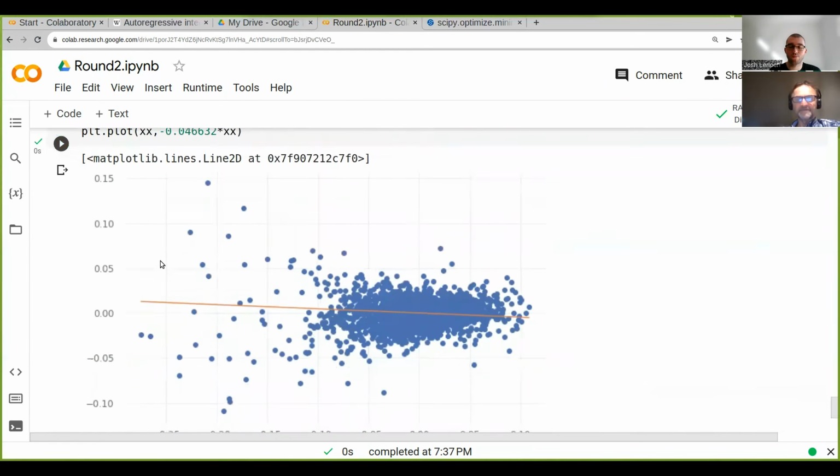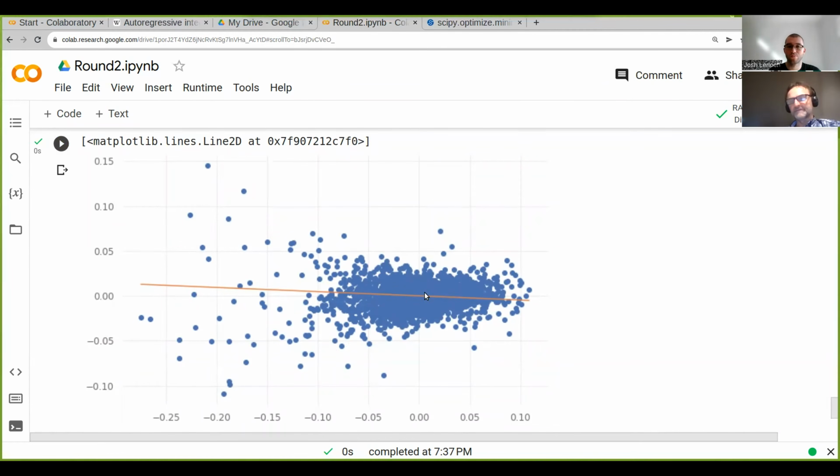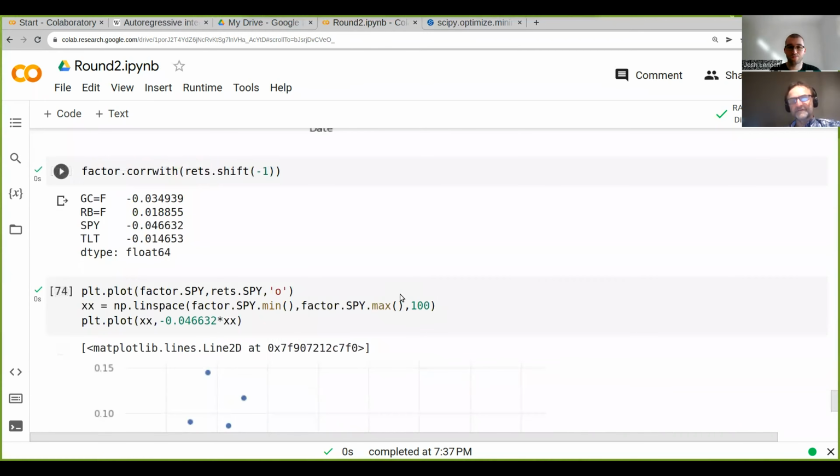And there you go. See, this is our regression line. And of course, because the points here are so dense and so thick, it's impossible to see that. But what that tells us is it's got a little bit of predictive power to it. And it's got that predictiveness for both gold and the SPY.